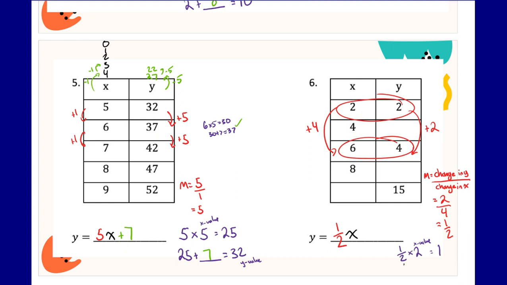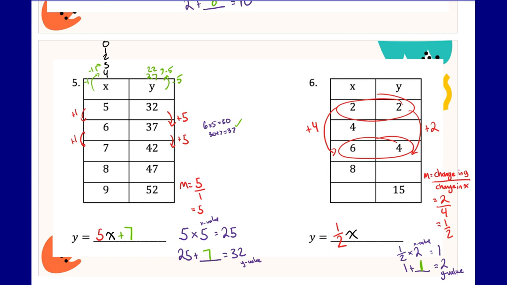So then 1 plus something has to equal 2, or our y value. Right? Just taking these 2 points from the table, multiplying the x value by 1/2 needs to work out to 2. So I need to add something to it. In this case, it will be 1. 1 plus 1 equals 2.